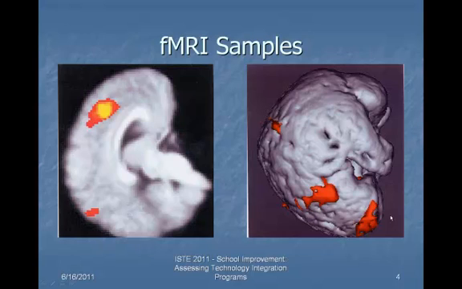As you can see on the left hand side, the different colors are an indication of the intensity level of that region of the brain, the activity in that region. And then on the right hand side you can see the overall effect of that, looking at all the layers together.